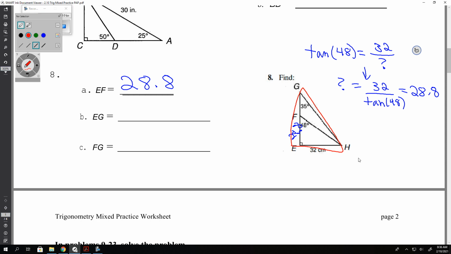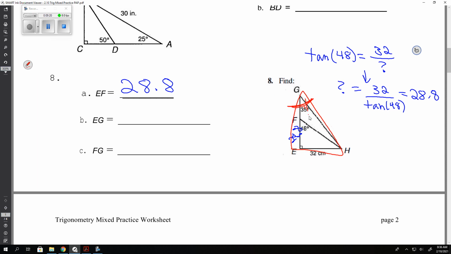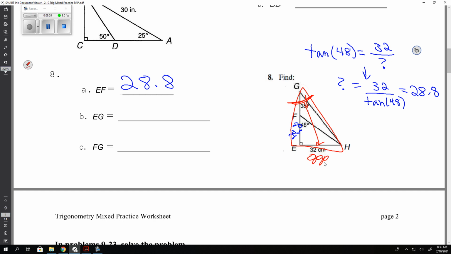I'm going to ignore the line in the middle. So here's my angle, 35. The 32 is still going to be the what? Opposite. And we're still trying to find the adjacent. Yeah, just a different angle. Literally the same thing.